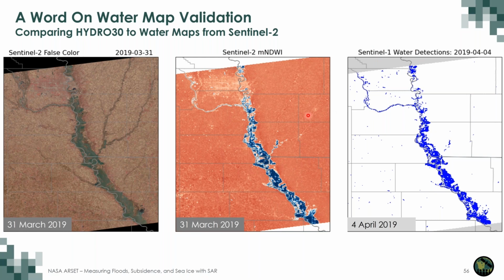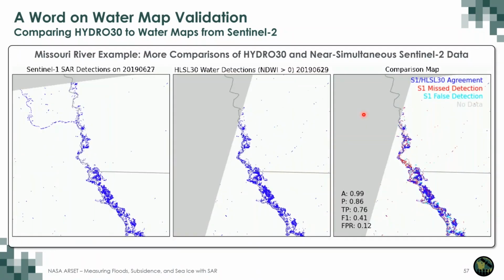There are established methods to detect water from optical data as well. If you happen to have cloud-free optical data, we can find pairs of cloud-free optical and SAR data sets within 1 or 2 days of each other, and then compare these water maps to each other. This slide shows you some examples.